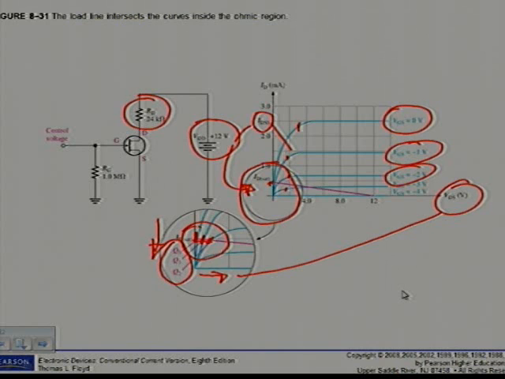So this implies an increase in RDS just by using Ohm's law. R is equal to V over I, and if I decreases and V increases, then of course the resistance will also increase.